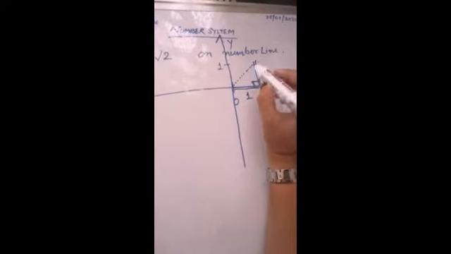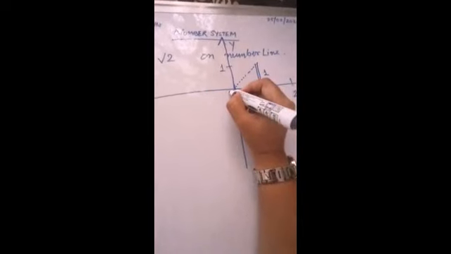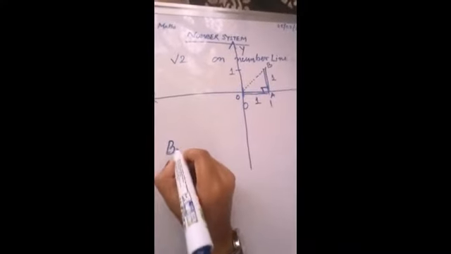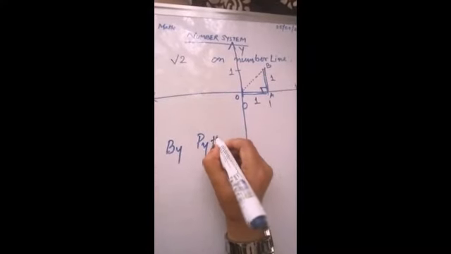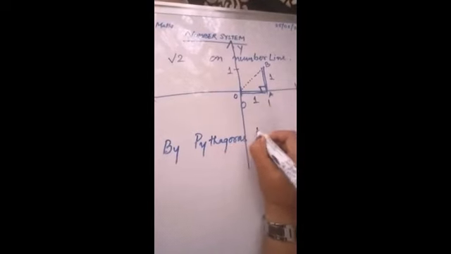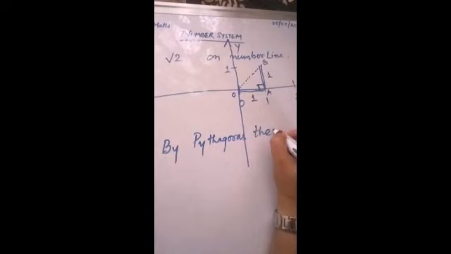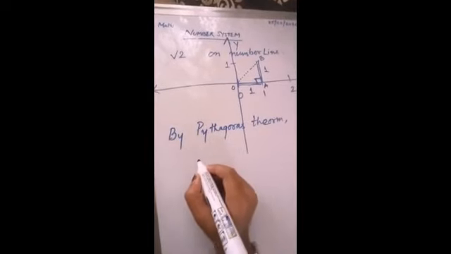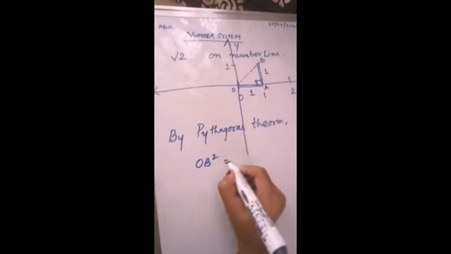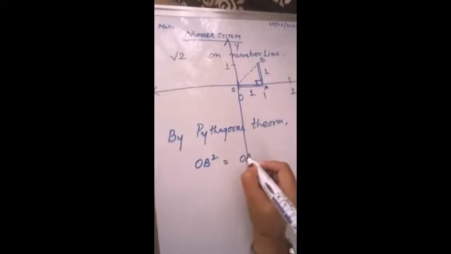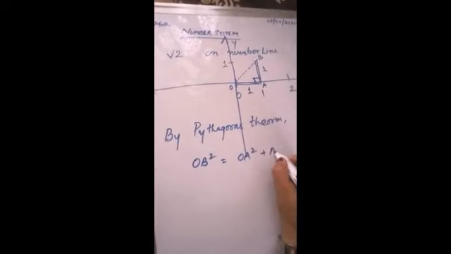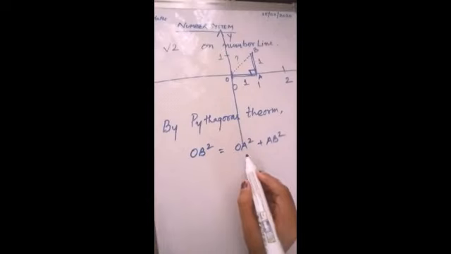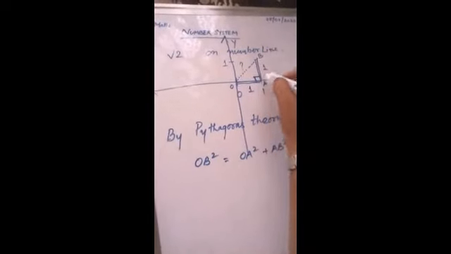Suppose I call these points O, A and B. Then by the Pythagoras theorem, the distance OB square will be OA square plus AB square.